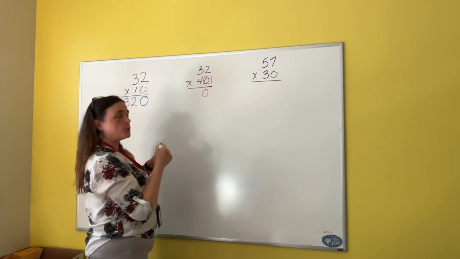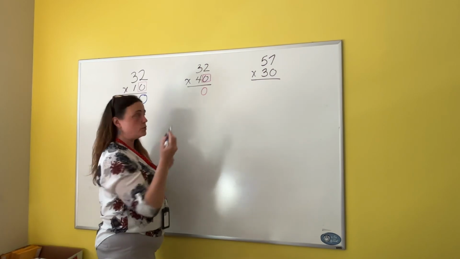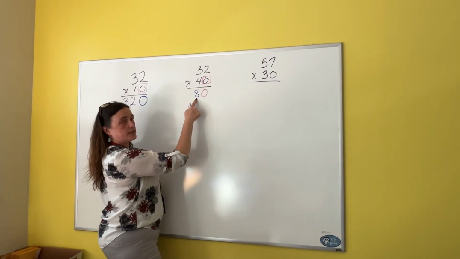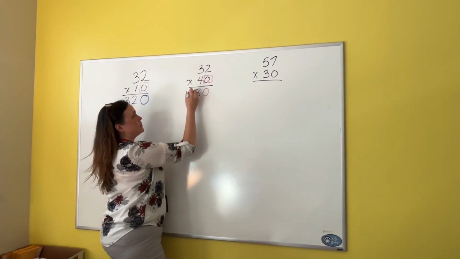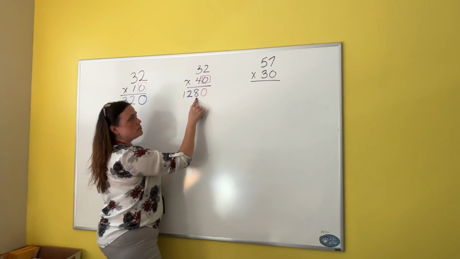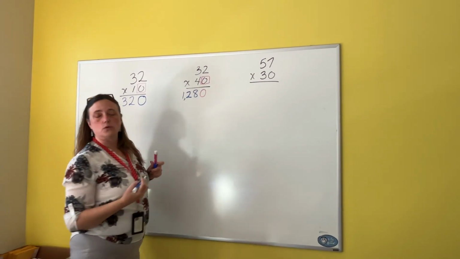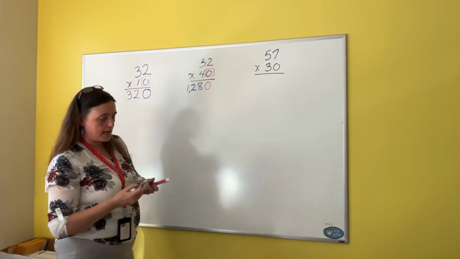So I'm really just worried about the 4 as a significant digit. So 4 times 2 gives me an 8, but because 4 is in the tens, that 8 needs to be in the tens, right? That's where it is. And then 4 times 3 gives me the 12. So it's 128 tens, or 1,280. We don't need that layer of zeros, is the bottom line.